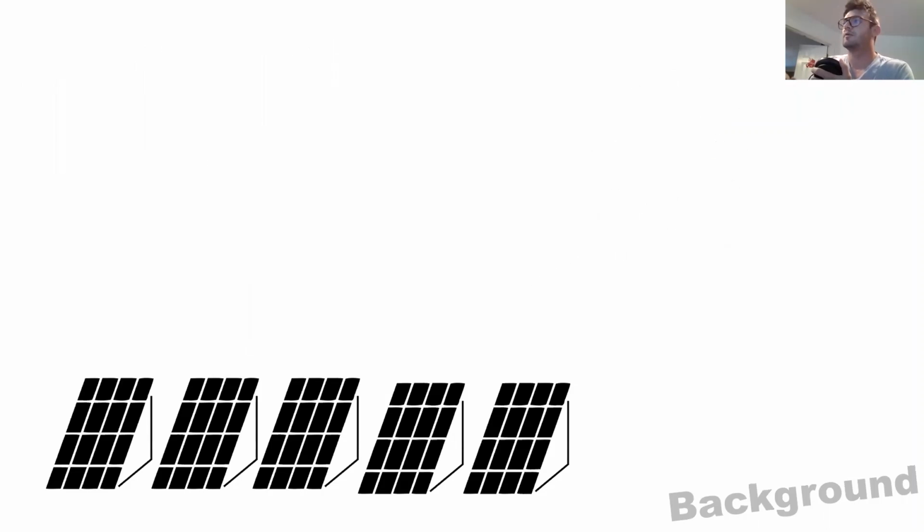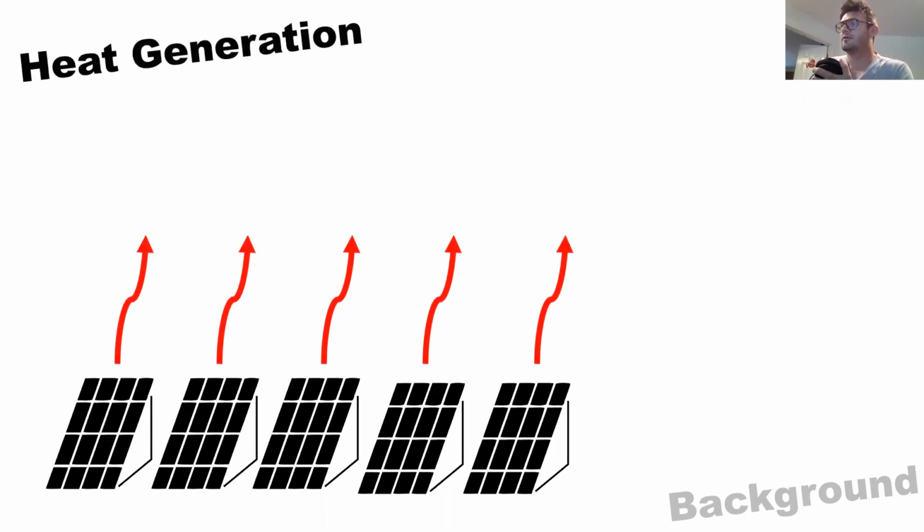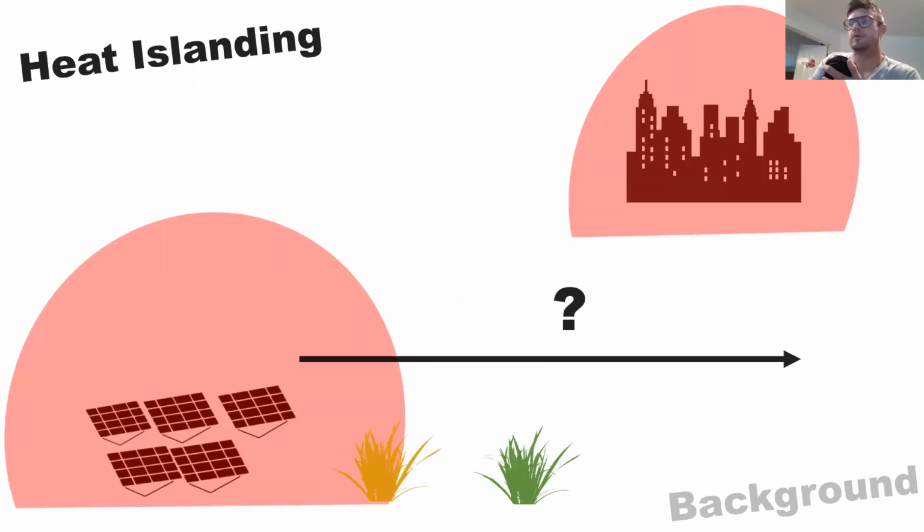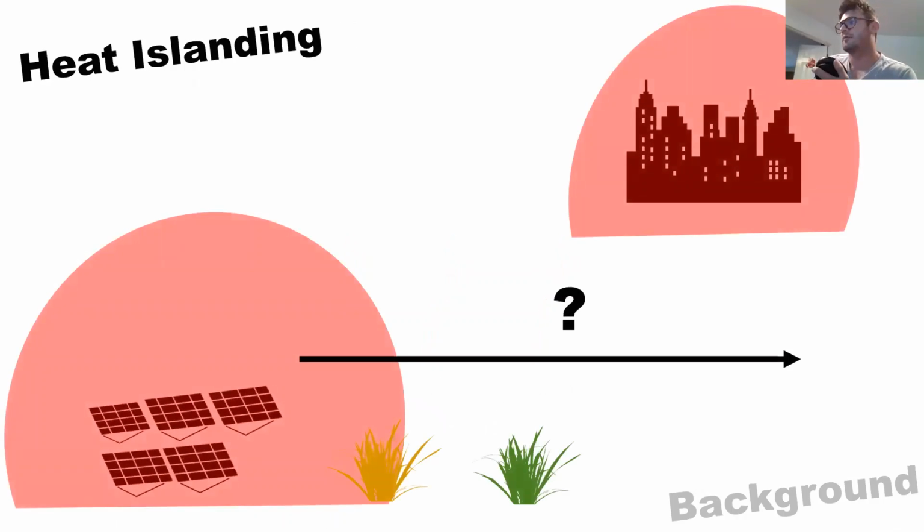And really the biggest challenge with this power generation is the release of heat, just because of those dark solar arrays. They're absorbing solar energy and releasing that back as heat. So this study aims to look at those heat effects, especially around those solar panel arrays.